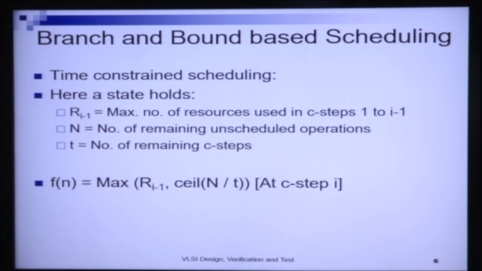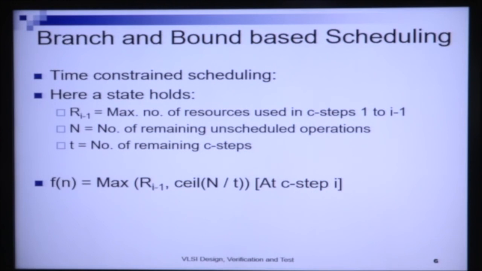Given that there are no dependency constraints, n by t is the minimum number of resources that I may need at all time steps for the remaining t time steps that I have. Now the max of r_{i-1} and ceil n by t gives me the lower bound for my current state.